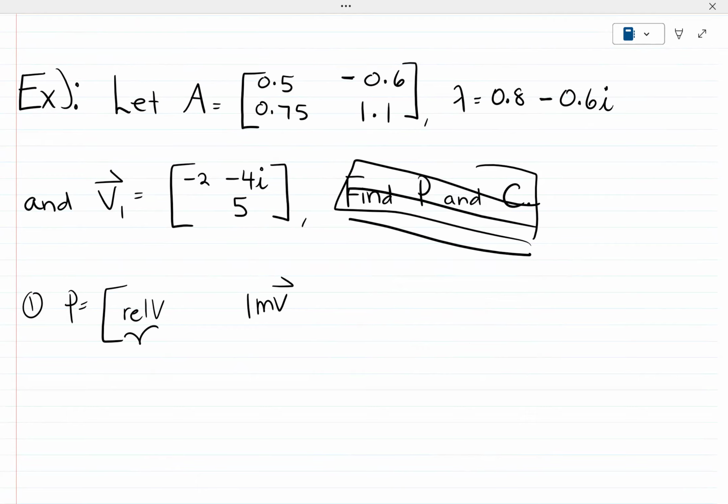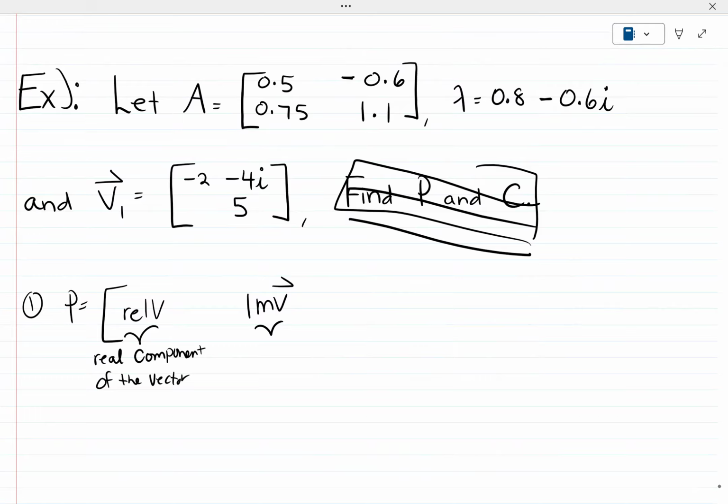This means this is the real component of the vector, and this is the imaginary component of the vector.